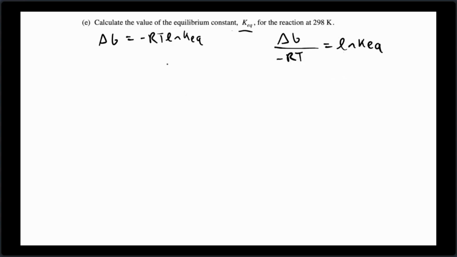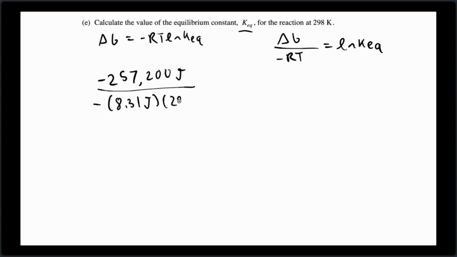And that was obviously negative, so that's going to be negative 257,200 joules, and that's over our R, which is our constant, and it should be given, which is 8.31 joules, and there's other units, but I'm just not going to write them. And for the temperature, since it's given, it's 298 Kelvin, and that'll equal ln of equilibrium constant.